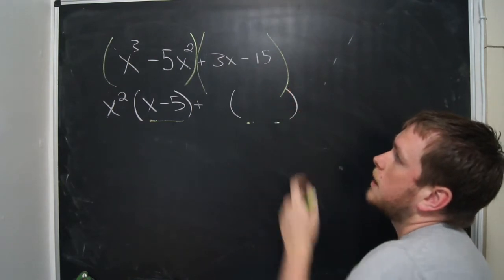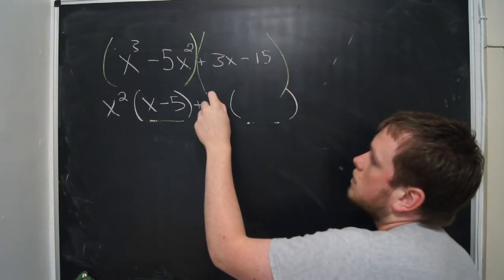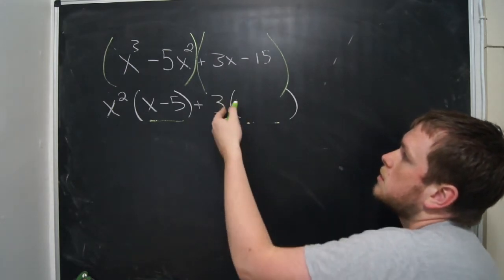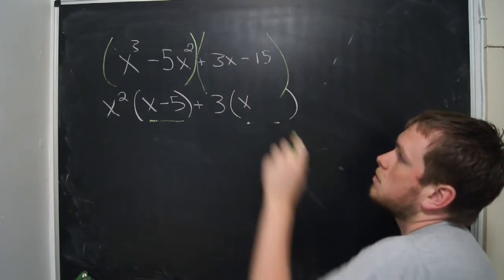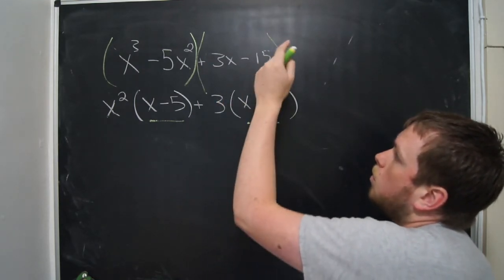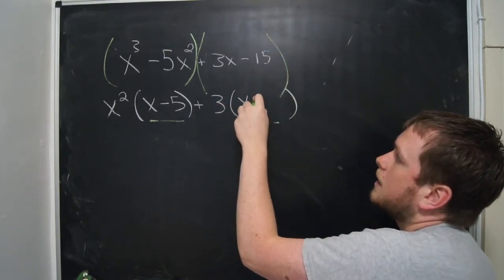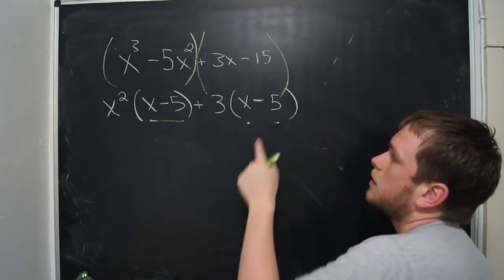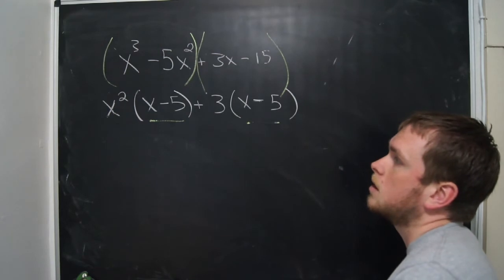So 3x minus 15, the GCF there is going to be positive 3. We pull out our 3, which means 3 times x will give us 3x, and 3 times what will give us negative 15? That would be negative 5. So notice we have x minus 5 here, x minus 5 here.